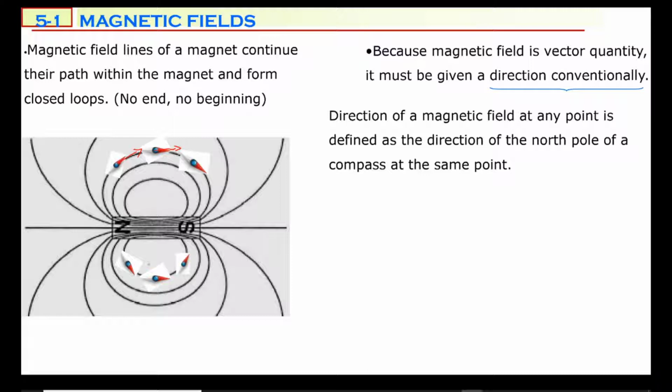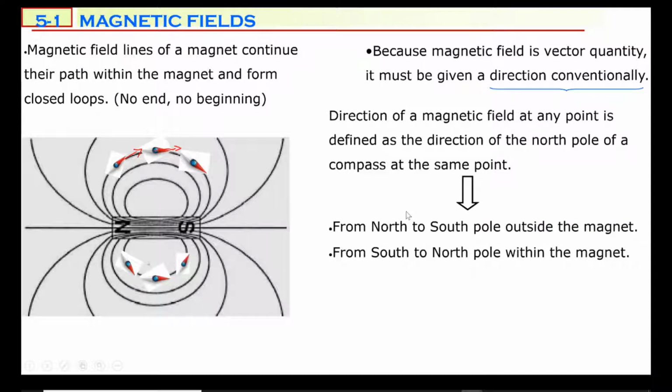And this figure shows you that magnetic field lines seem to be leaving from the N pole and entering the S pole on the outside. However, these magnetic field lines form a closed loop.